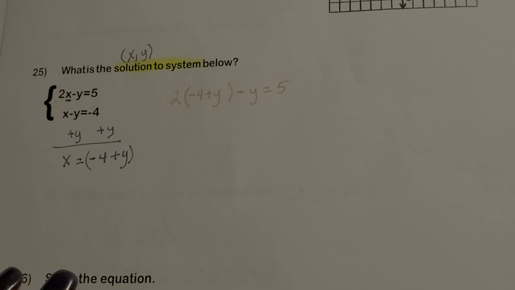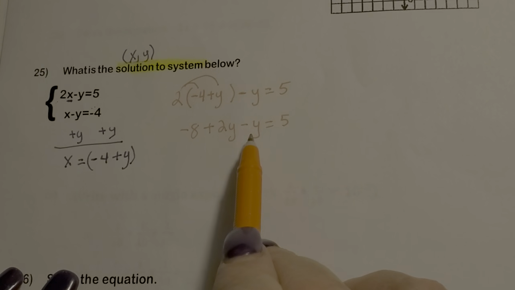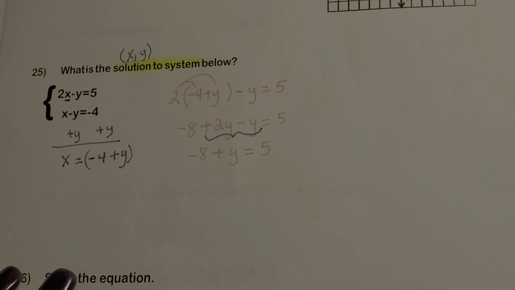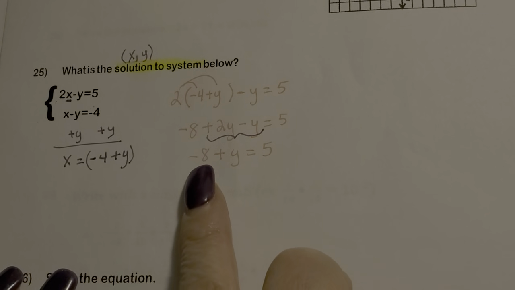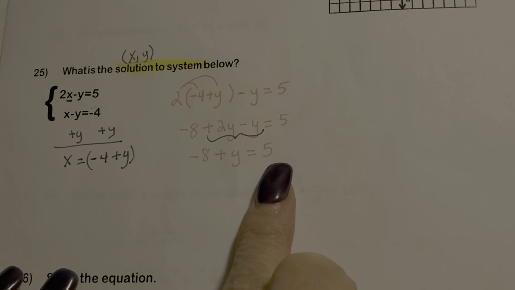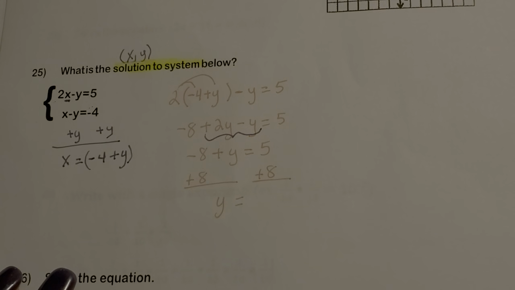Let's solve. Distributive property first. When I multiply, I get negative 8 plus 2y minus y, bringing down the minus y equals 5. Now let's add like terms. The 2y and the negative y are like terms. Therefore, when I put them together, I get negative 8 plus 1y equals 5. Now let's solve for y.